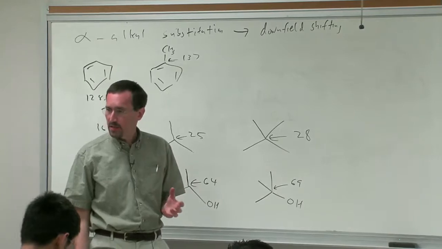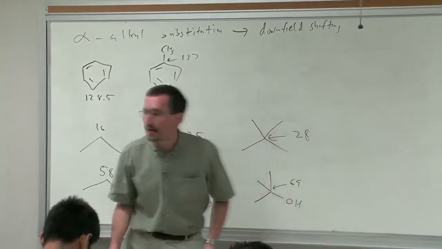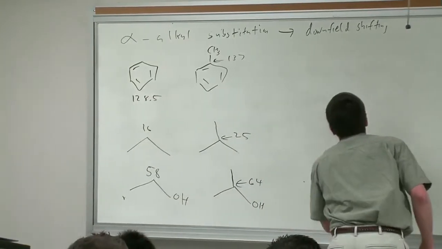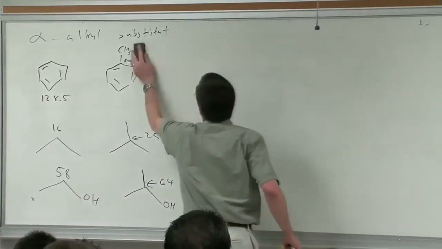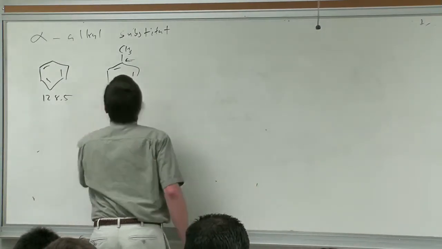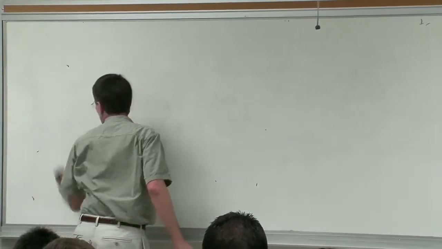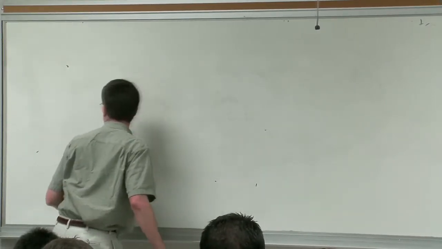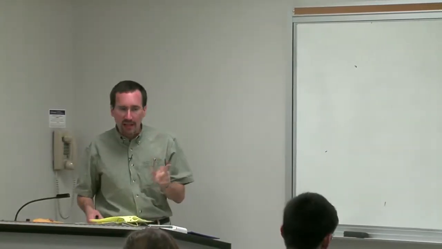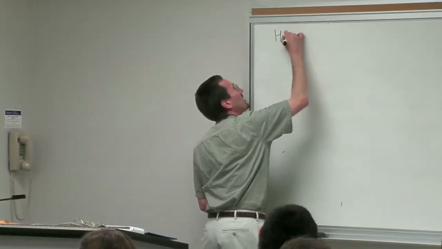And that's a pronounced effect. And I'll show you the implications of that in just a moment. All right. So these are all of the sorts of biggie effects in C13 NMR. And now I'll show you the last biggie effect, and that's heavy atom effects.